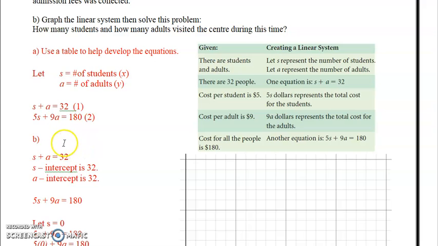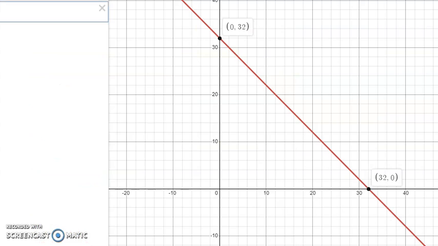So obviously when we did the intercepts here for the b part, this s would be students, right? So it would be 32 and 0. And then this one here, 0 and 32 for the a-intercept, because they're both the same, right? And then we'll graph these like we did before.